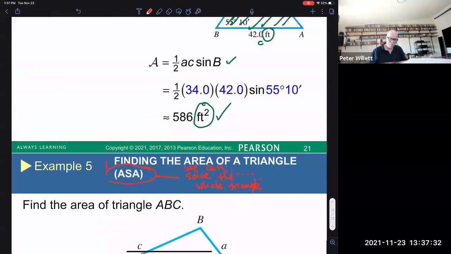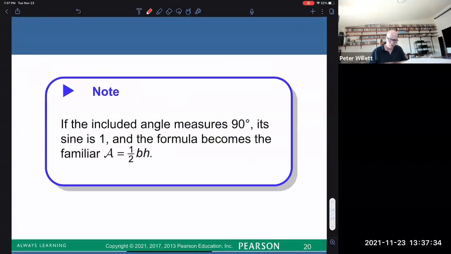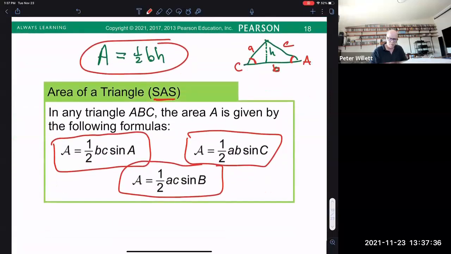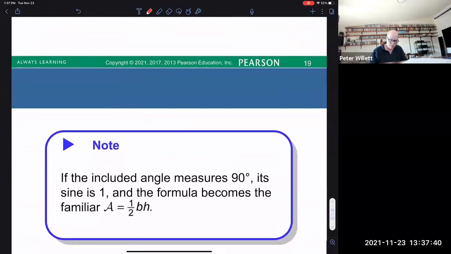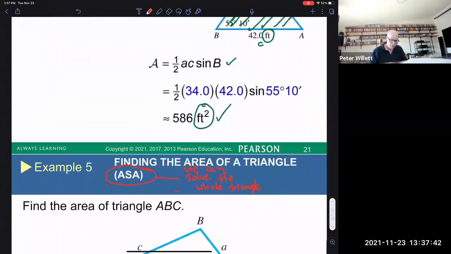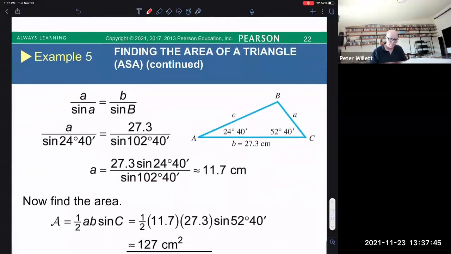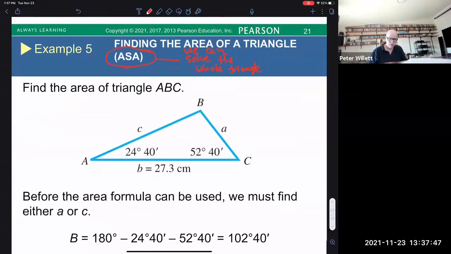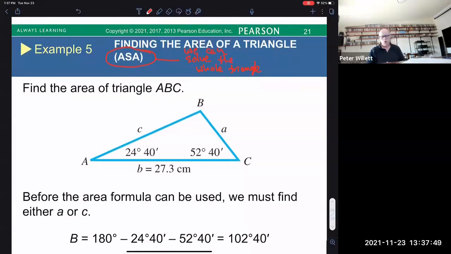So even though the formula for the area of a triangle is set up for side angle side, if we're given angle side angle, we can get other sides and have side angle side to use the formula, because we can solve the whole triangle, as we've already looked at.